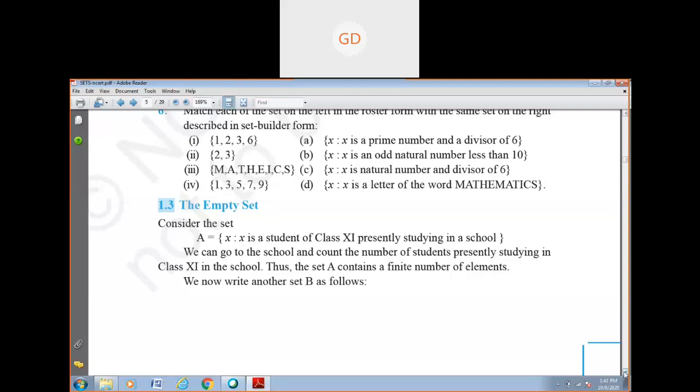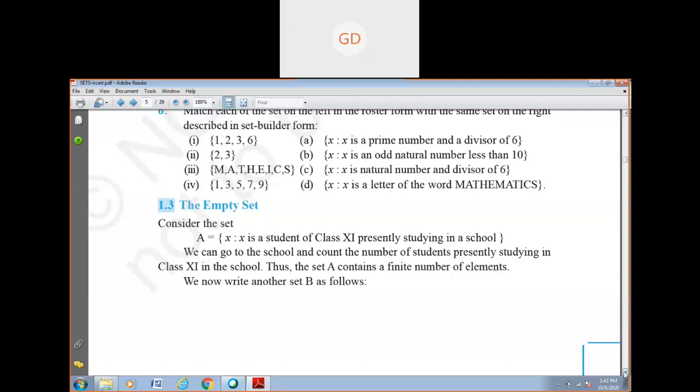That means a set having no elements is called an empty set. So you may raise the question, without elements, how can you say it's a set? But as per the definition of set, nothing is mentioned about the number of elements. The definition is simply a collection of well-defined objects.